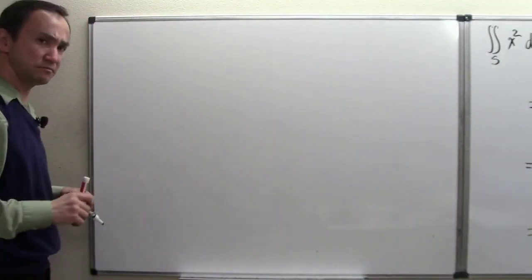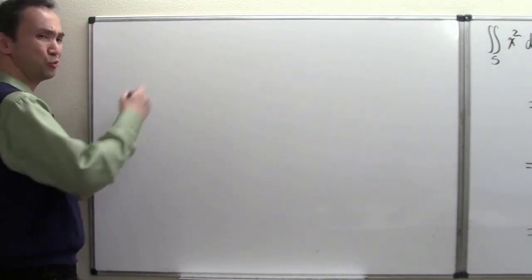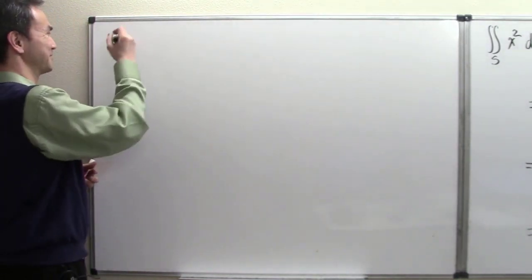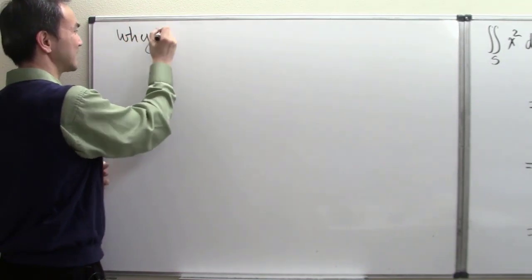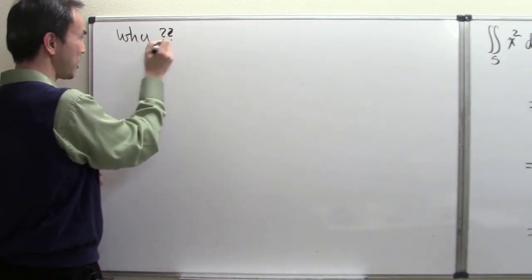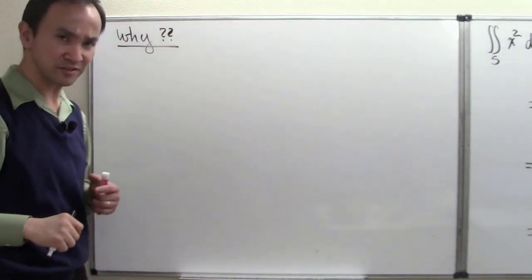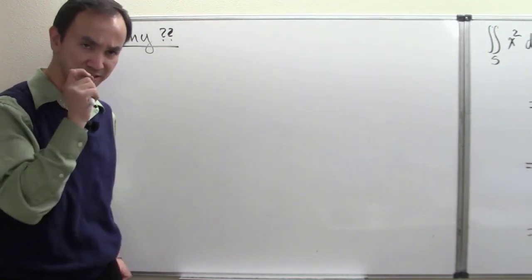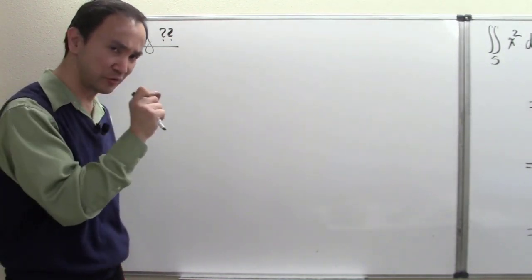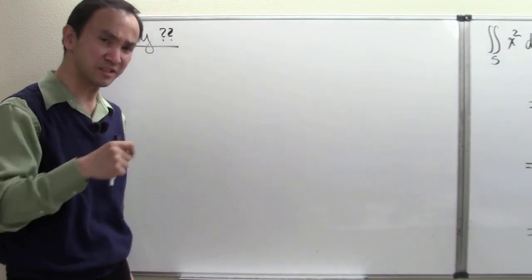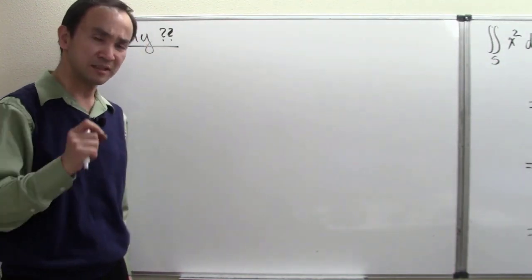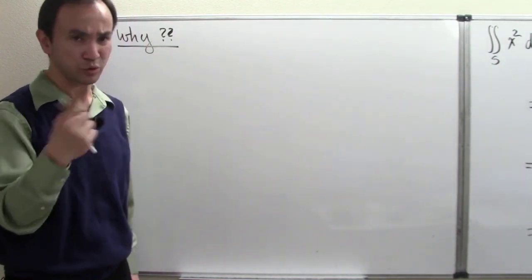All right, so let me bring up a couple of why questions. If you have watched some of my earlier lessons, when I was explaining multiple integrals, I tended to go really in-depth, and a lot of times I used double Riemann sums or triple Riemann sums to explain.